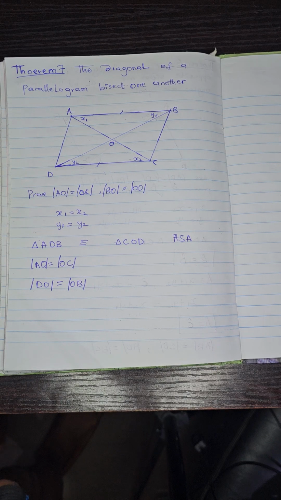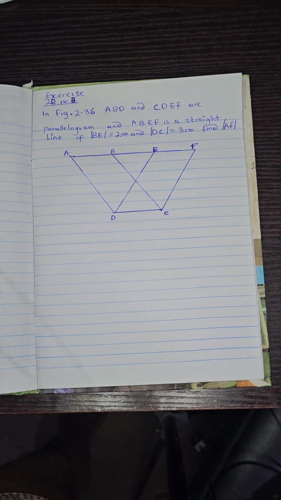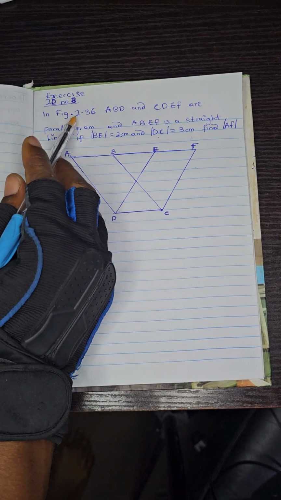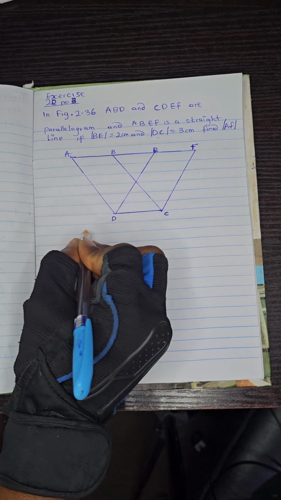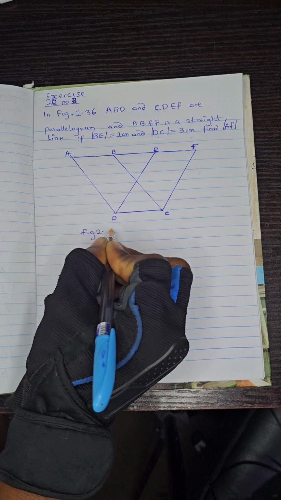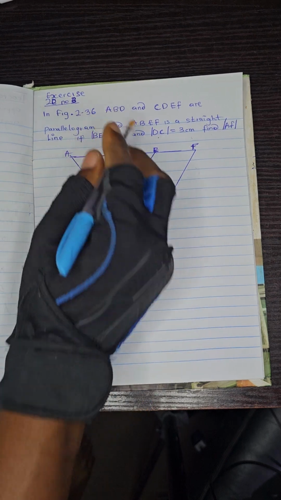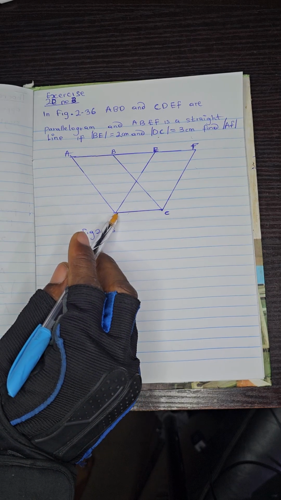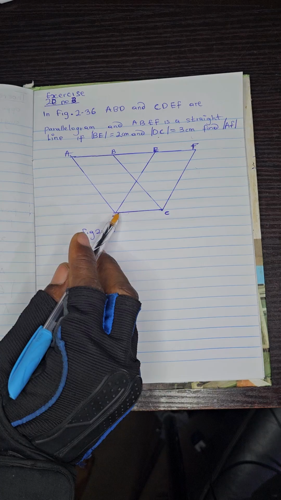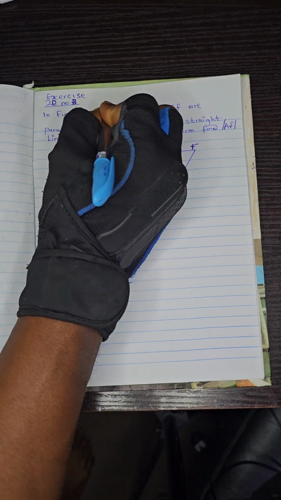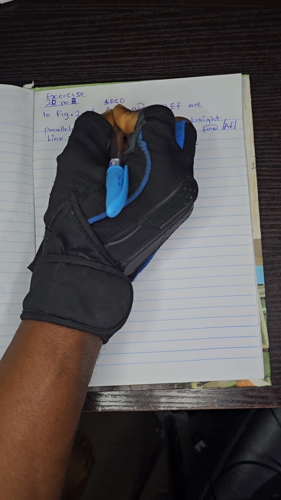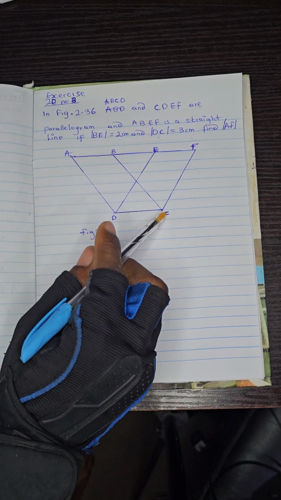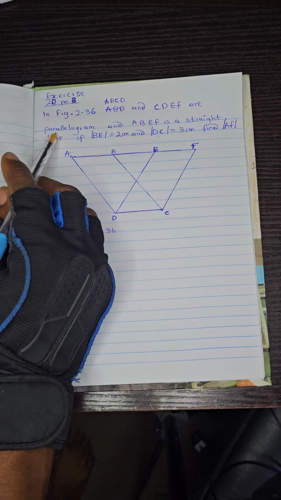So let's solve an exercise. This is exercise 2E, number 3. We have in figure 2.36, this is figure 2.36, A, B, C, D and C, D, E, F are parallelograms.